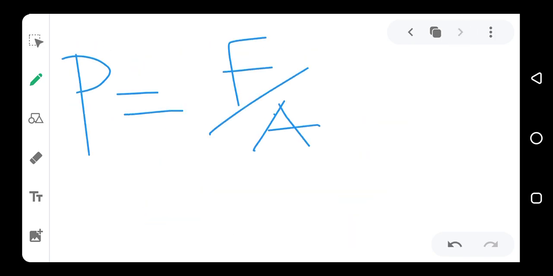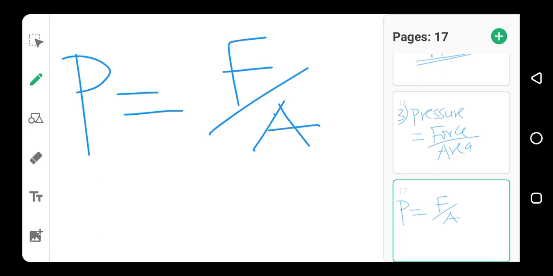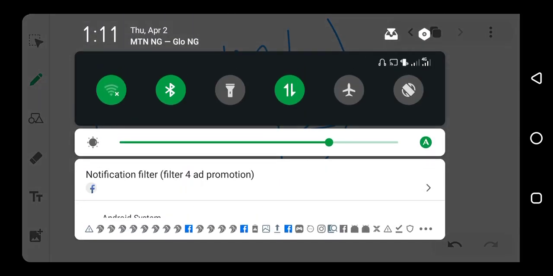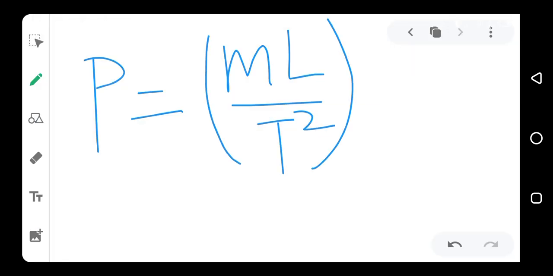So what we are going to have is that pressure P is equal to the dimension of force, ML over T squared. We bracket it, then over area. The whole of this is representing force.